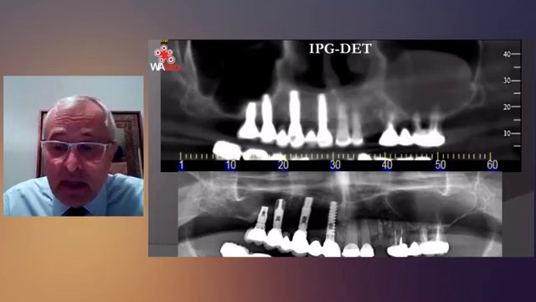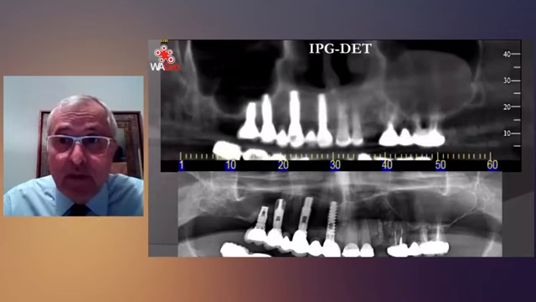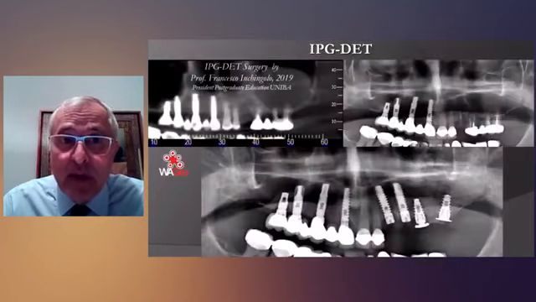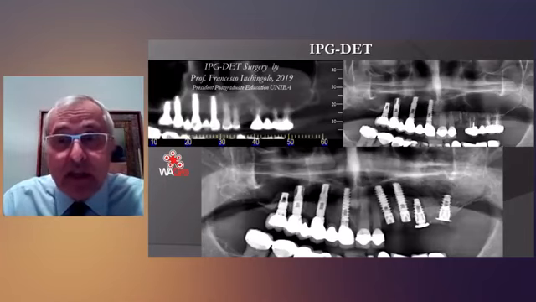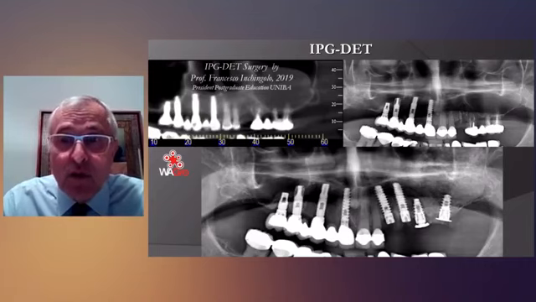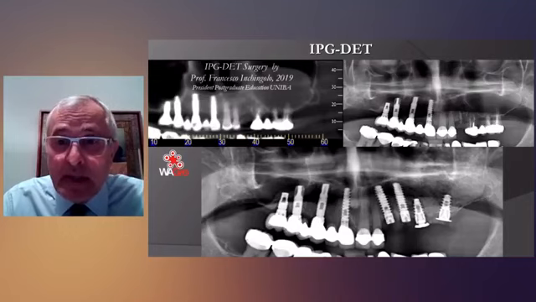But with the IPG DET technique, we have 3 cases like that until now. And Professor Francesco Inchingolo did this surgery with great success in 1 session by using autologous stem cells and growth factors. He cleaned the sinus, took out the sinus membrane, placed a bone graft with growth factors and stem cells, and placed the implant.